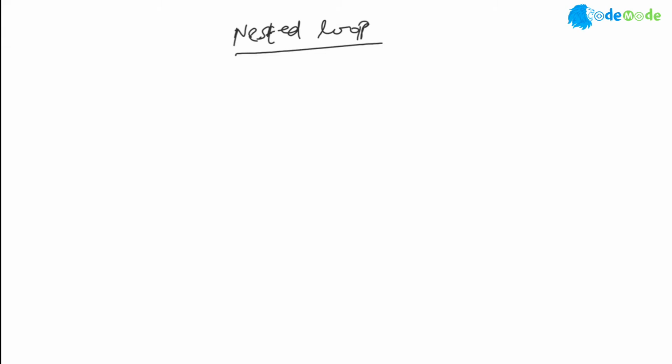Suppose you have a list of names. So names equal to, let's say, Bhagyashree, Namrata, Sakshi, Spnali, Anuja, and Vaishnavi.